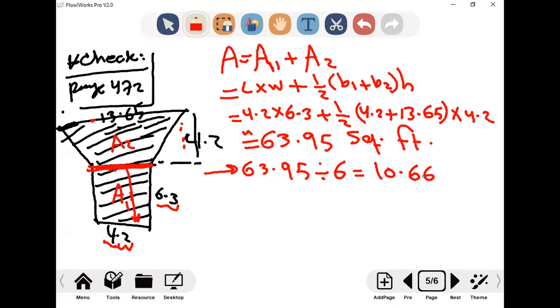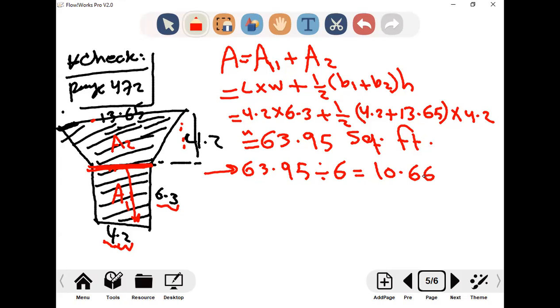What is this 10.66? It is 10.66 6s. Understood? Multiply by 25. Again, how many 2s in 18? 9 2s in 18, right? Because 18 divided by 2 is 9. So how many 6s in 63.95?